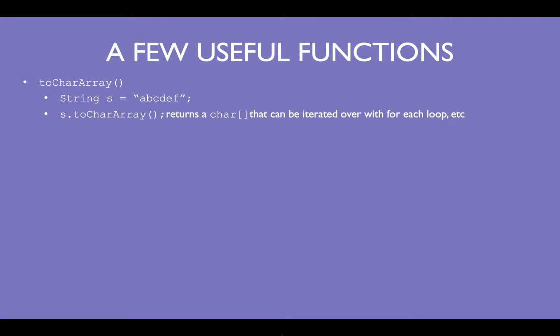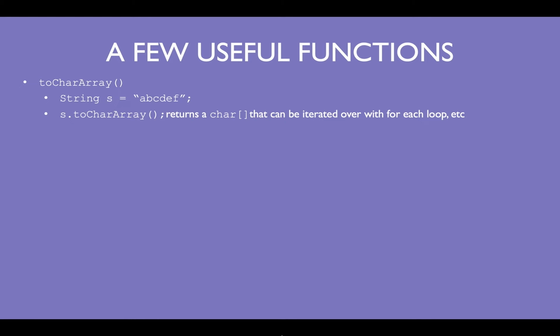So the first one is the toCharArray function. This function returns a character array of the characters of the string that you call it on. So if we have a string s equals abcdef, and we do s.toCharArray, this returns a char array that can be iterated over with a for-each loop, for example.